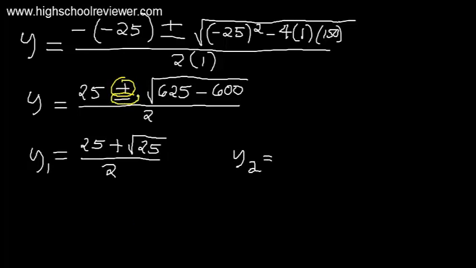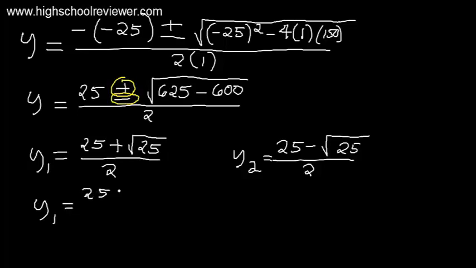So this will be 25 minus the square root of 25 divided by 2. So our y sub 1 here will be 25 plus the square root of 25, which is 5, divided by 2. So our y sub 1 here will be 30 divided by 2. Therefore, y sub 1 will be positive 15.